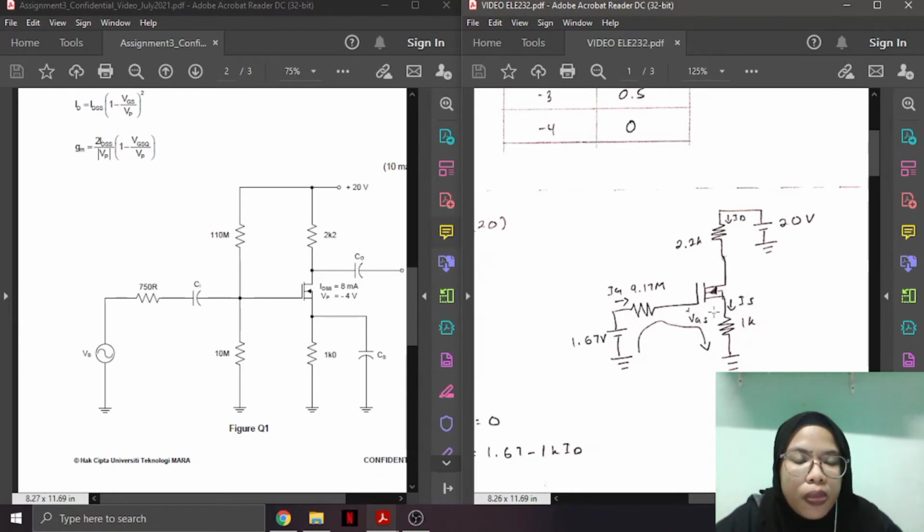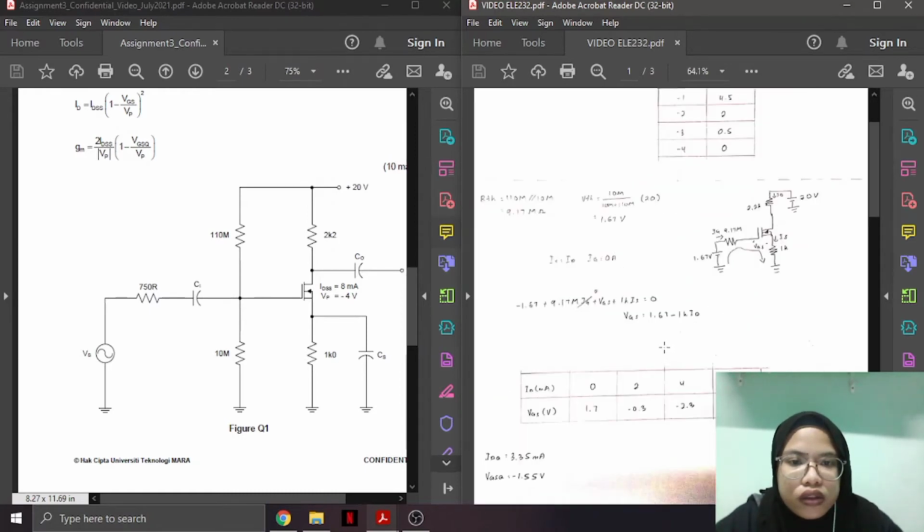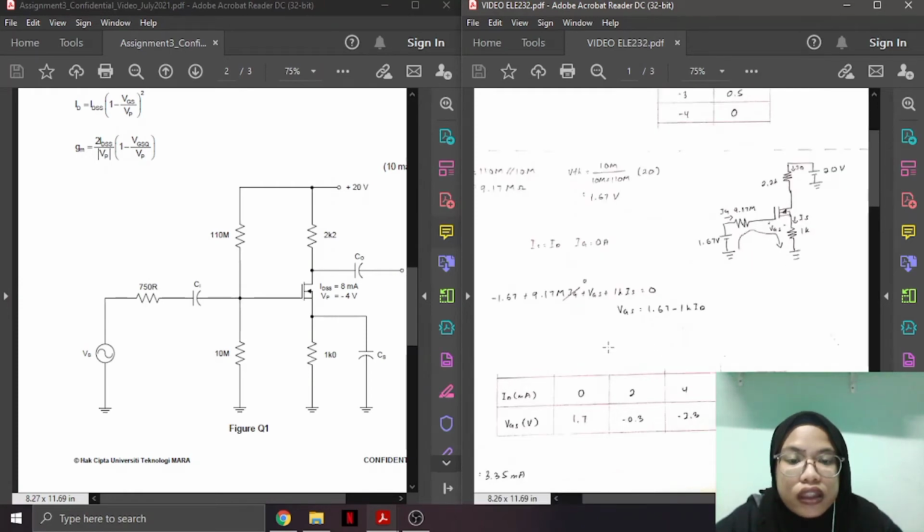VGS is from gate to source. So we use KVL from VTH to the RS. The KVL is negative 1.67 plus 9.17 mega times IG plus VGS plus 1K IS equals 0.